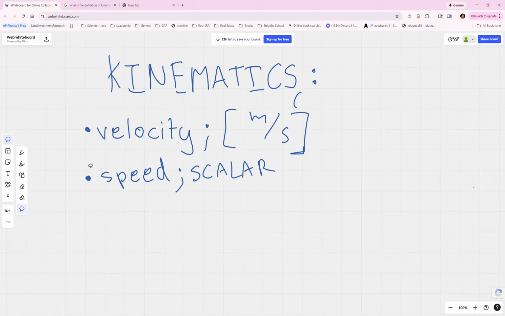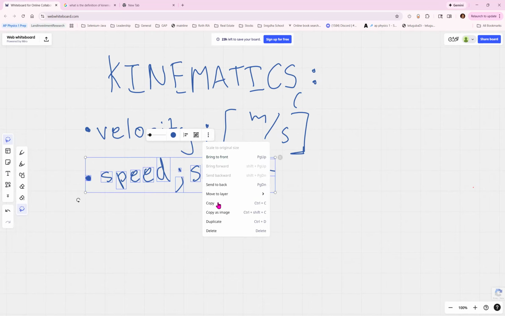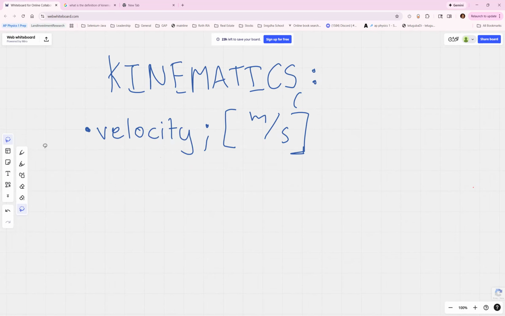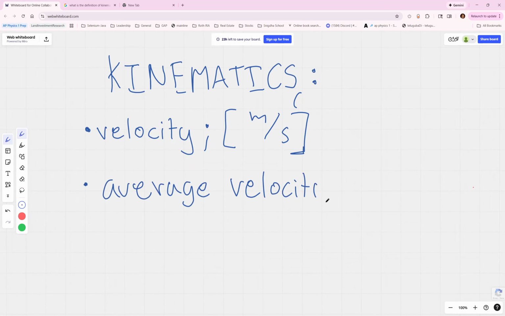So we don't need to worry about speed anymore for now. Speed is a very basic thing and you won't usually come across it in kinematics. So now for velocity, let's focus on average velocity. In kinematics, the average velocity, you can also see it written like that.